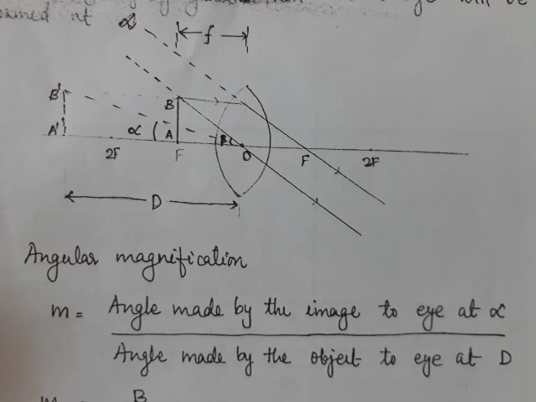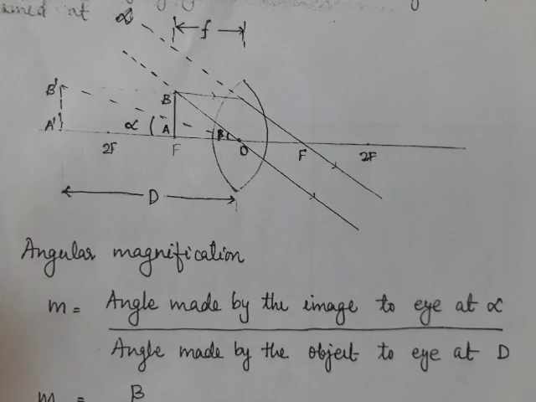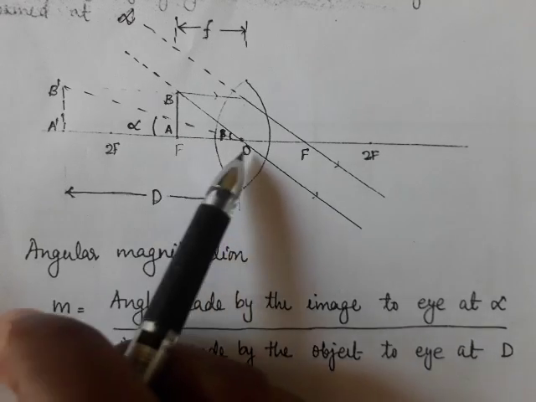So we take tan beta by tan alpha. Tan beta here, in the figure, is AB by OF, opposite side by OF.